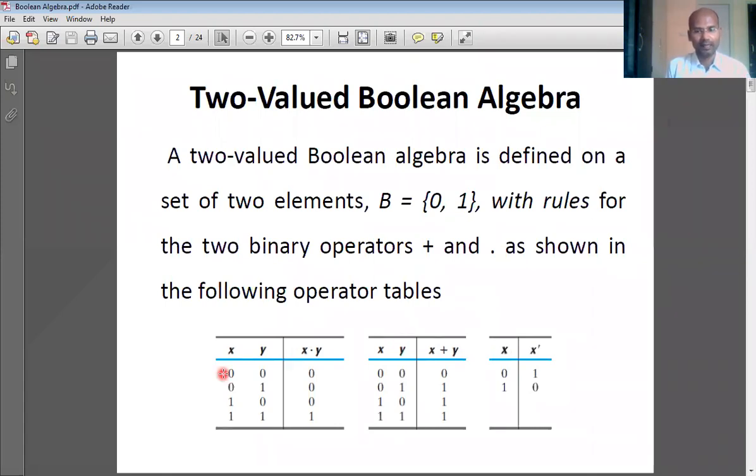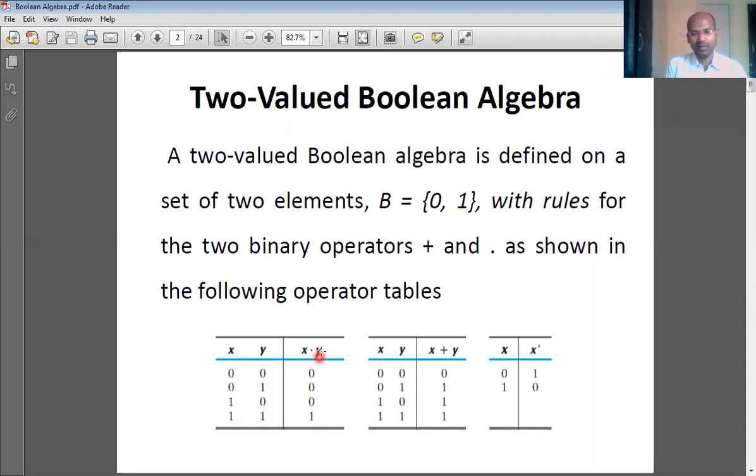Let's see, x is 0, y is 0. Just now we said x is a Boolean variable that can have value either 0 or 1. For two variables, how many combinations exist? 4 combinations: x0, y0; x0, y1; x1, y0; x1, y1.